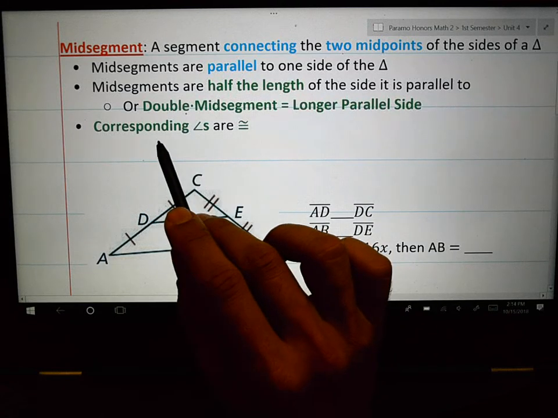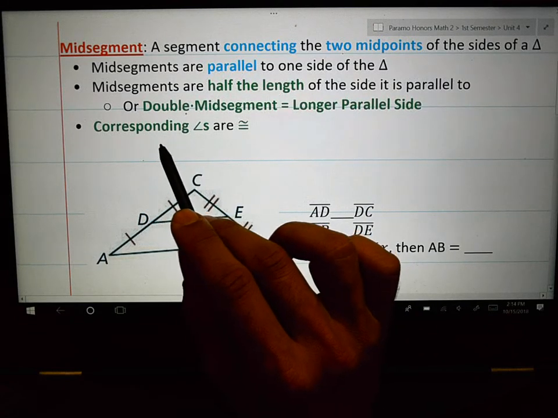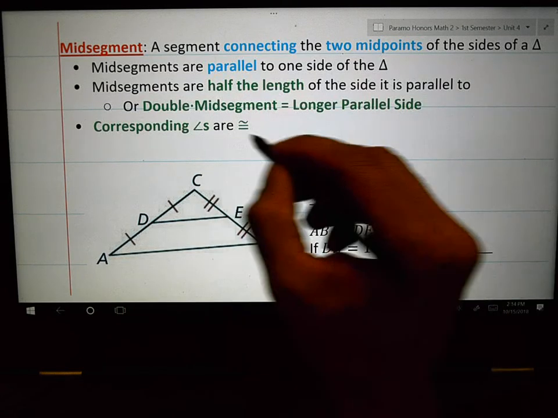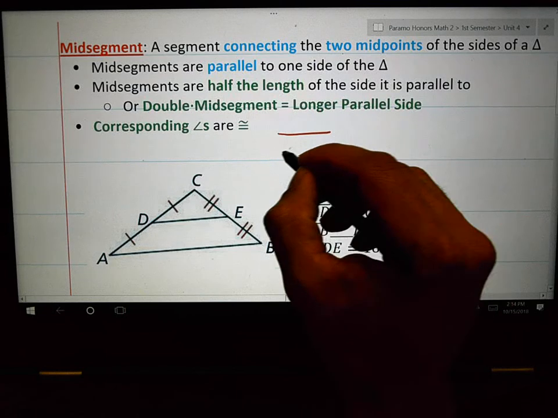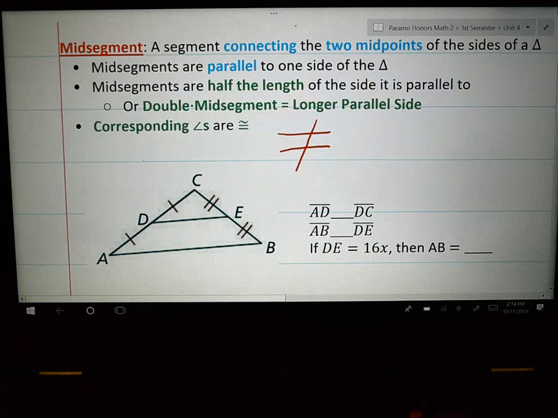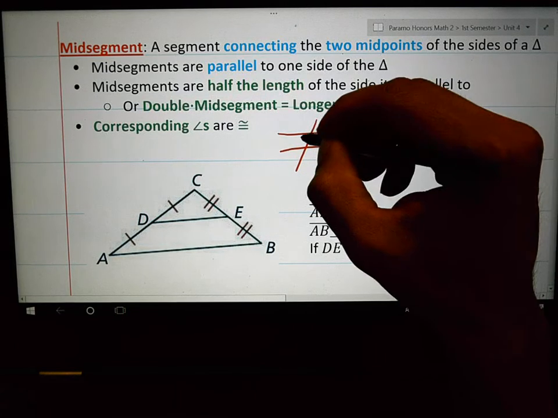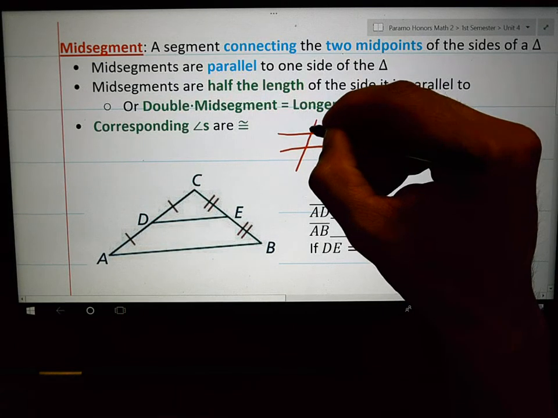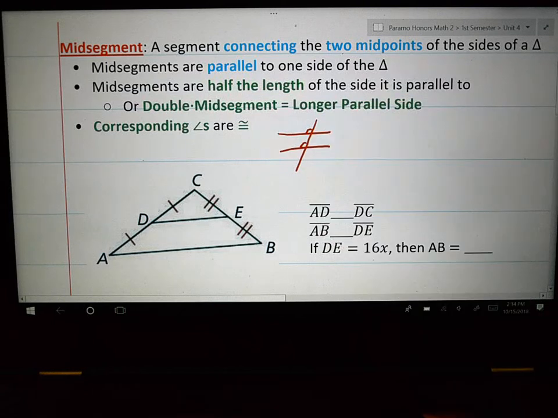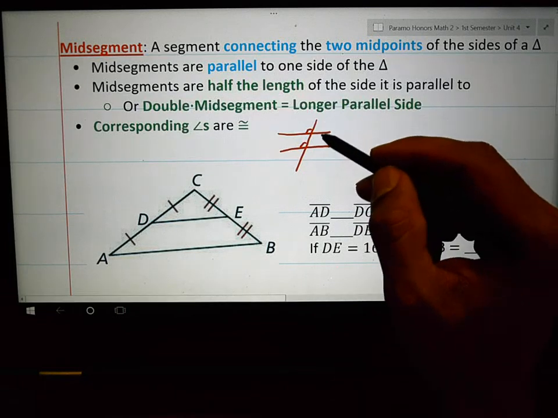The last thing that I have up here talks about the corresponding angles. The corresponding angles are congruent. If you don't remember which ones corresponding angles are, this is something you learned last year in either Advanced Math 8 or in Math 1. Corresponding angles were the angles that matched, that were on the same side of the transversal, but they skipped a space. They were not next to each other. They are congruent.